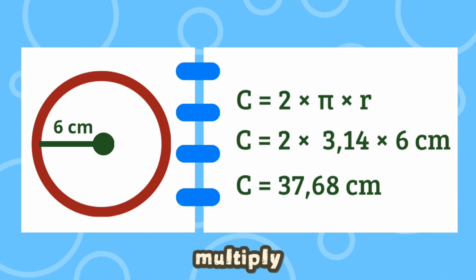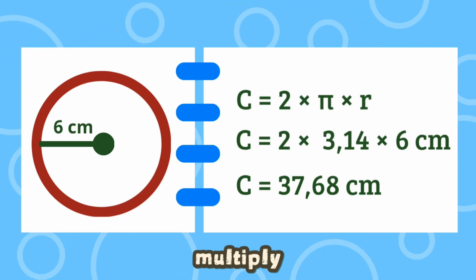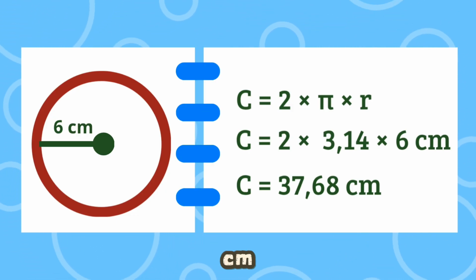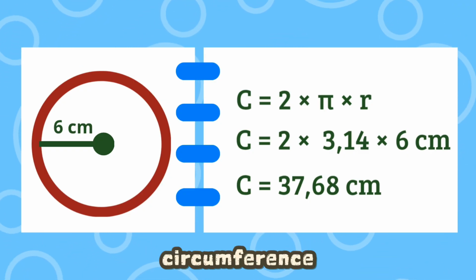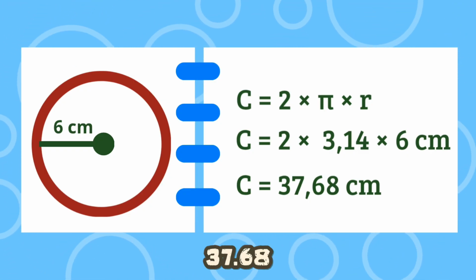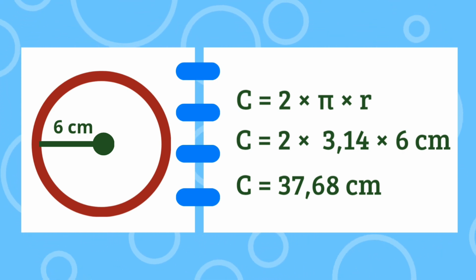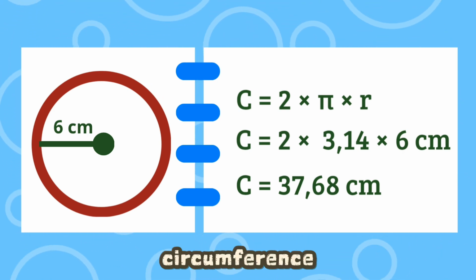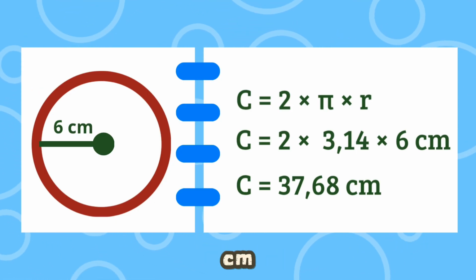Then we multiply 2 by 3.14 and multiply by 6 centimeters, and we get the circumference equals 37.68 centimeters. The length of the circumference equals 37.68 centimeters.